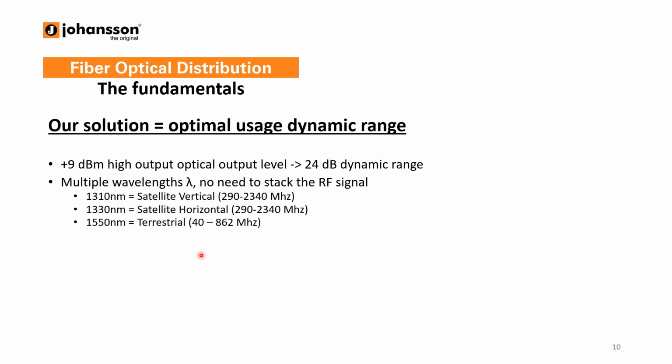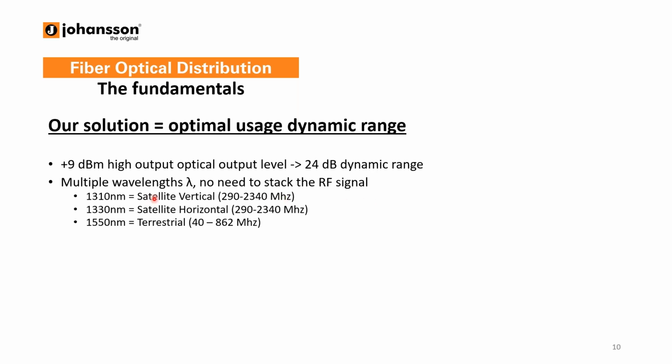But more important is, compared to some of the competitors, we don't do any RF stacking. We use different wavelengths on the same cable. If you have only one wavelength, you have to put all the RF signal on top of each other in the same wavelength, going to 5-6 gigahertz.